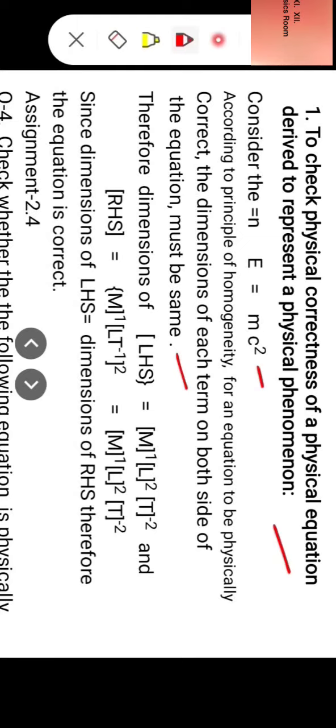Therefore, dimensions of left-hand side, that is energy, are 1 in mass, 2 in length, minus 2 in time, and dimensions of right hand side are 1 in mass, 2 in length, minus 2 in time. Since dimensions of left hand side are equal to dimensions of right hand side, therefore the equation is correct.